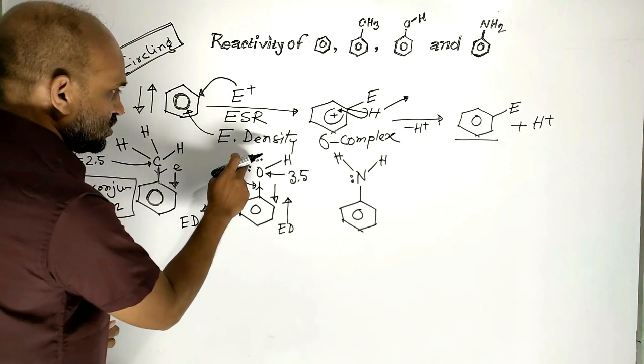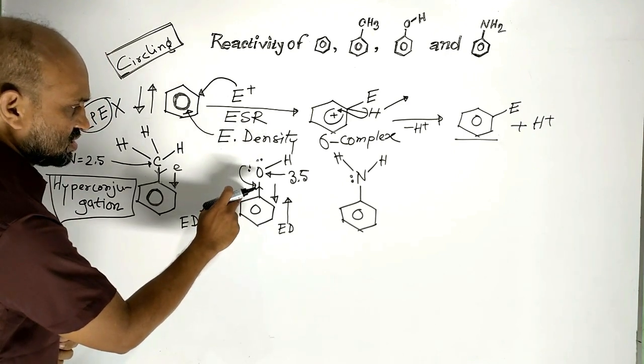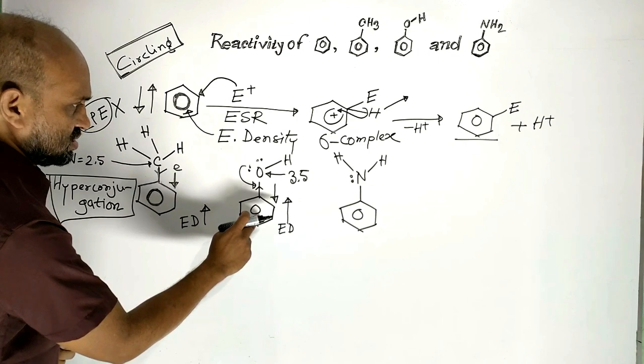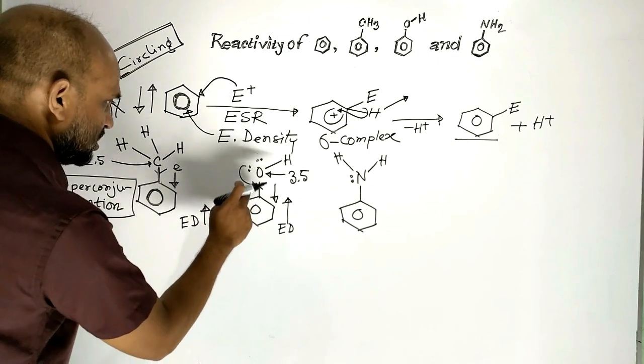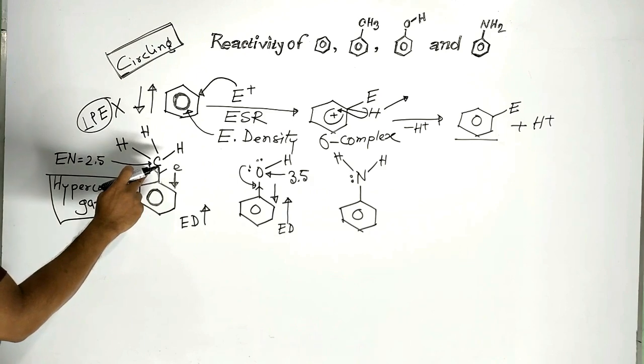So, lone pair of electrons has greater effect in increasing electron density in the benzene ring. So, we can say that phenol is more reactive than toluene.